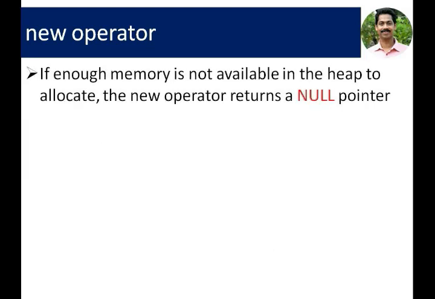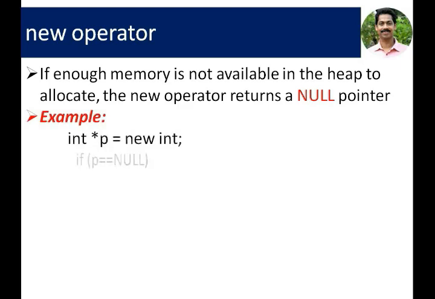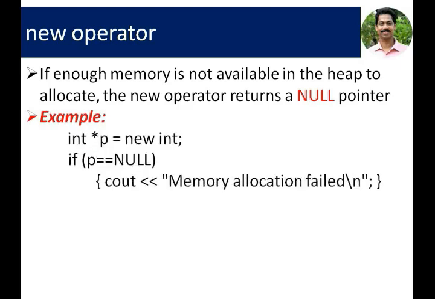If enough memory is not available in the heap to allocate, the new operator returns a null pointer. Sometimes there may not be enough memory for allocation. In that case, a null pointer will be returned by the new operator. Here is an example for validating the successful memory allocation.